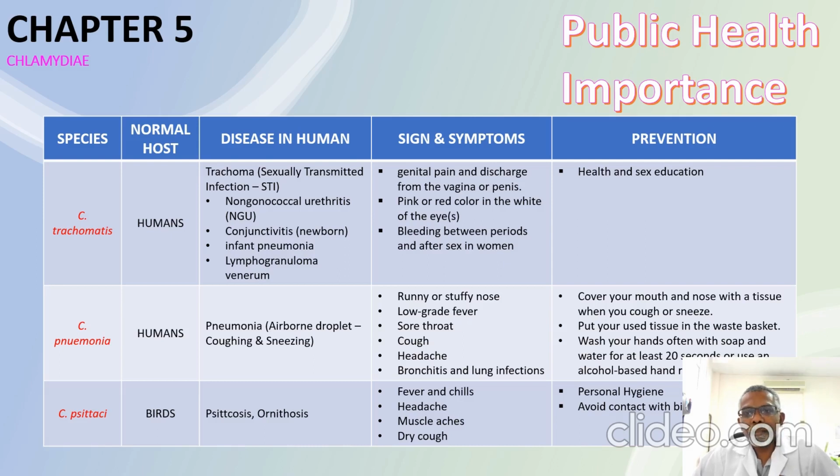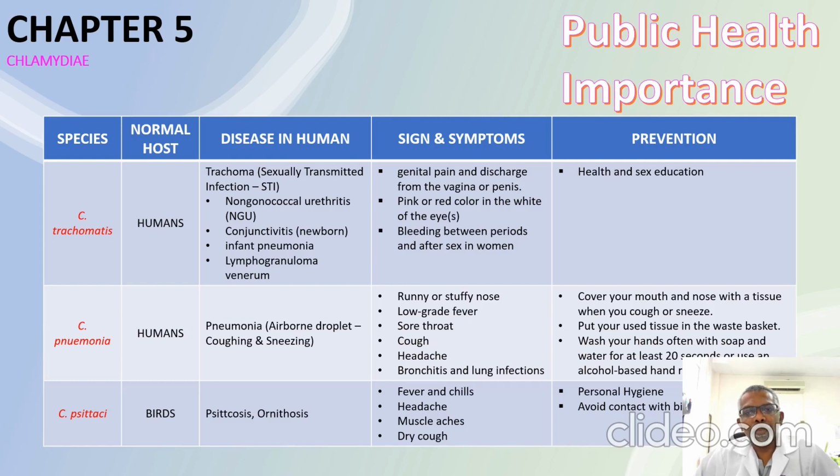So let me explain briefly about the table, which consists of the three species of chlamydia. Okay, Chlamydia trachomatis, the normal host for it is humans. Sometimes it is also related to sexually transmitted infections.